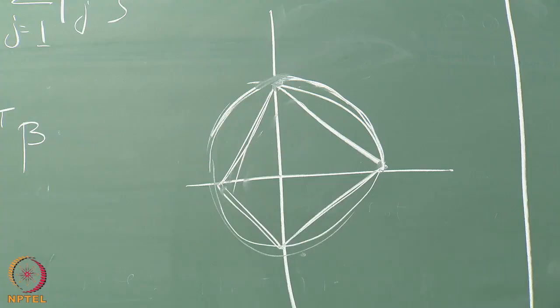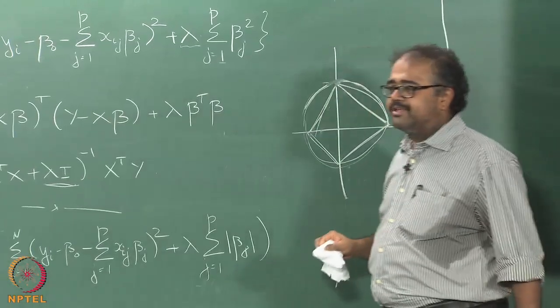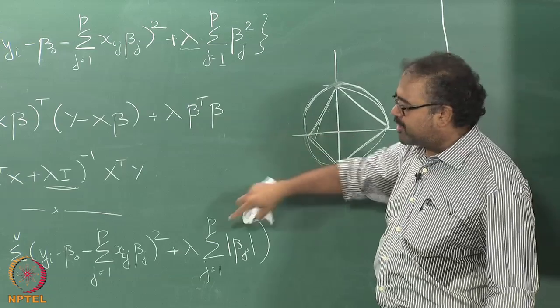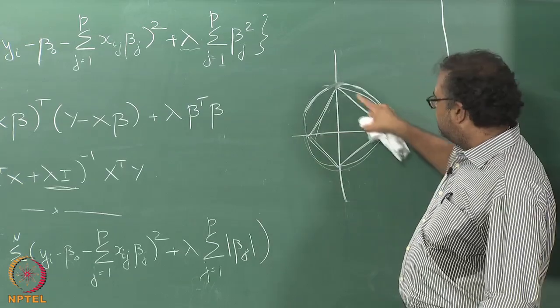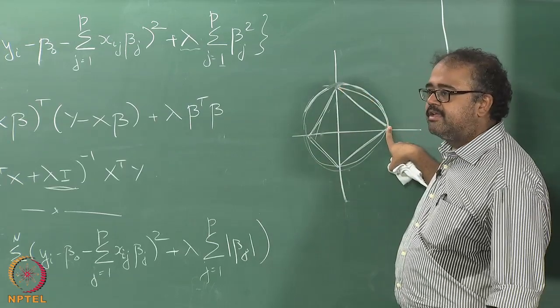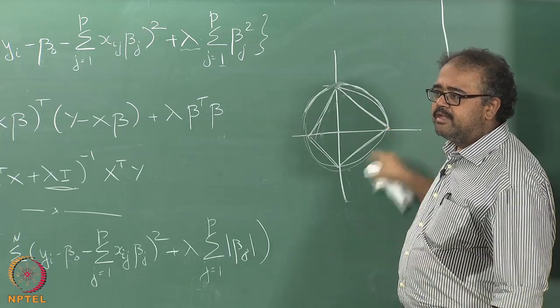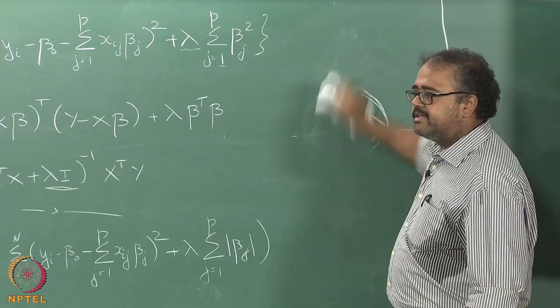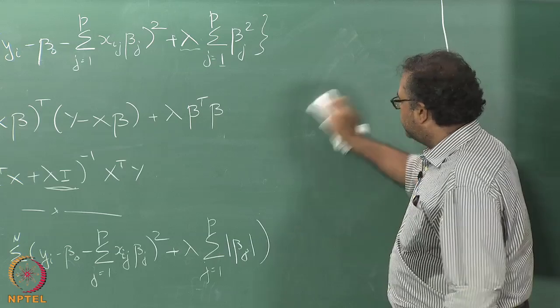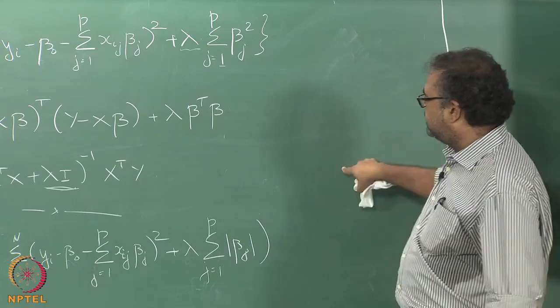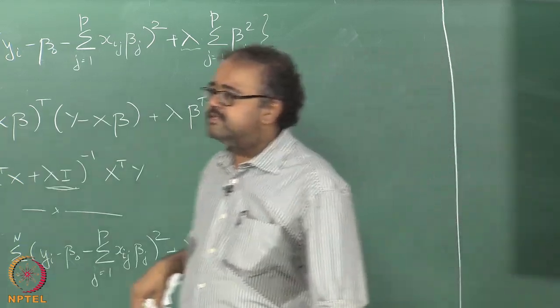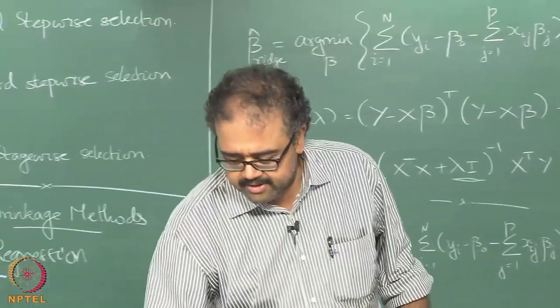This is just a very rough intuition, I do not want to get into showing things formally, but you can show that the probability that lasso will give you these kinds of corners in the fit is much higher. A corner obviously has one of the coefficients as 0. So the probability that you will get a corner as a fit is much higher than that you will get one of these axis points in the Ridge.